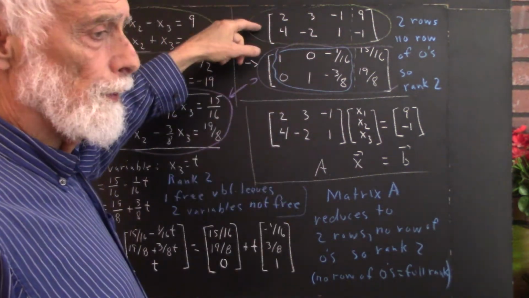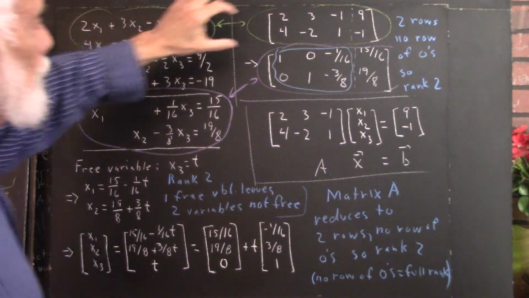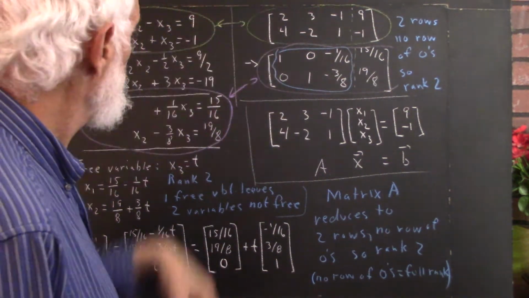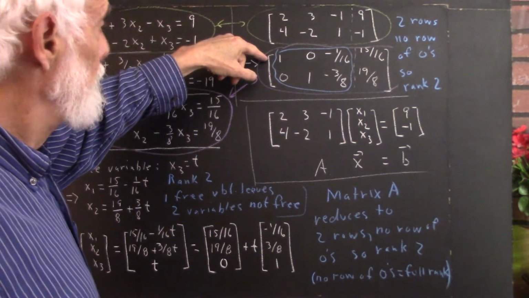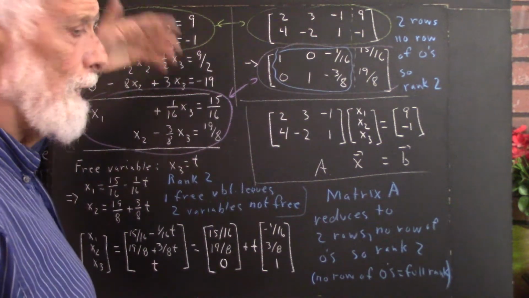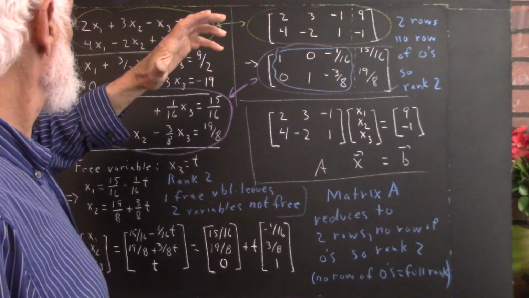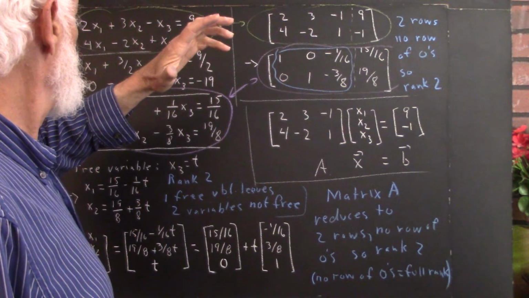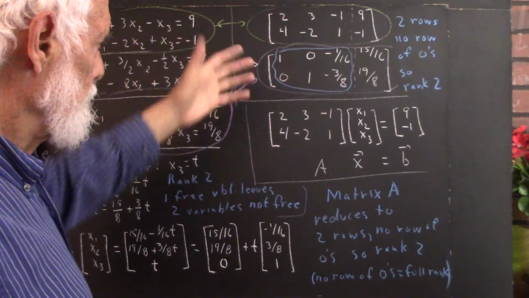And we do the same operations that we did over here with the rows of this matrix. So we take half of the first row, and then we add -4 times that first row to the second, and so forth.